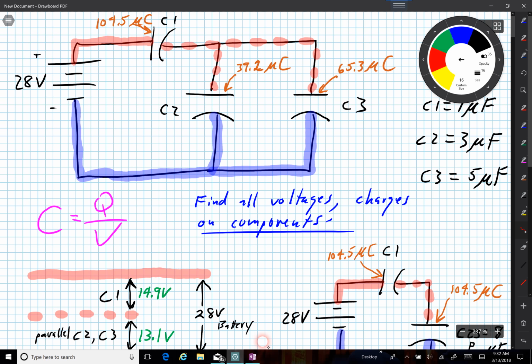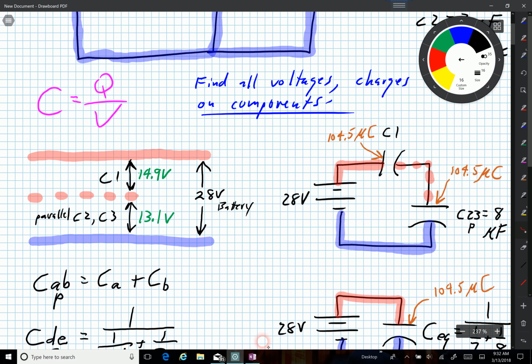Well, we combined C2 and C3 in parallel, and we created this equivalent circuit. And in this diagram, we have that the charge on the capacitor plate is 104.5 microcoulombs.